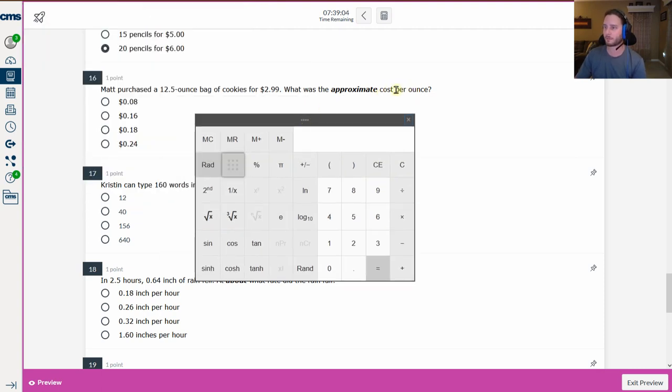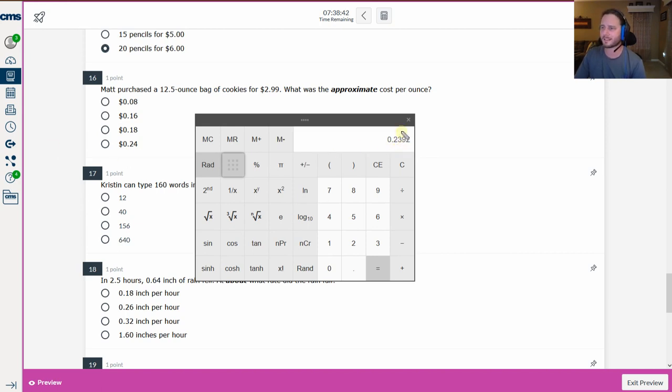Cost per ounce. We're dividing the amount that it costs by the number of ounces. So $2.99 divided by 12.5 ounces gives me this number. Now obviously this is not an answer choice, but it's 0.239.